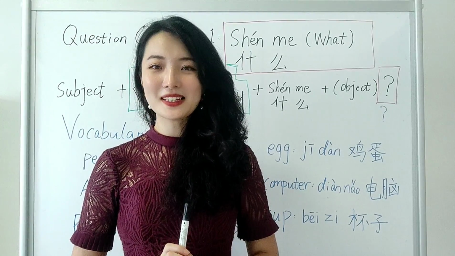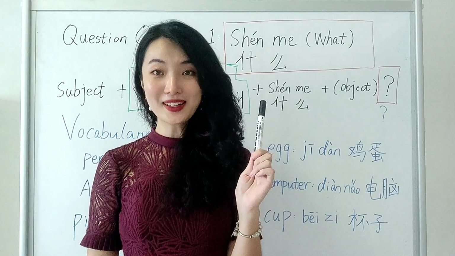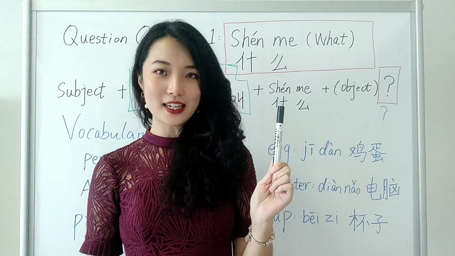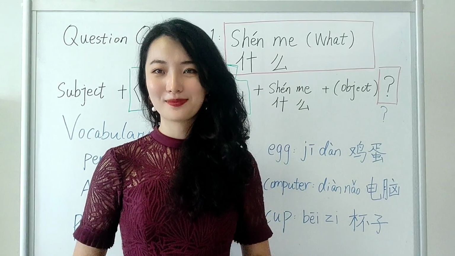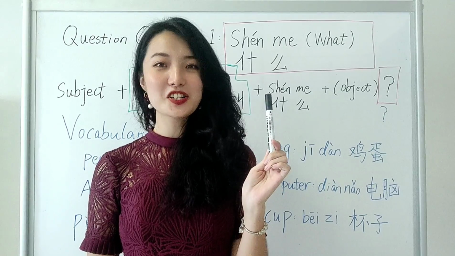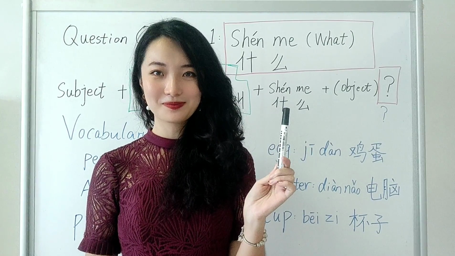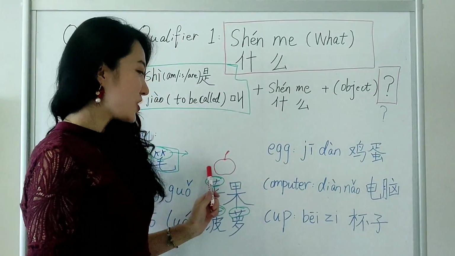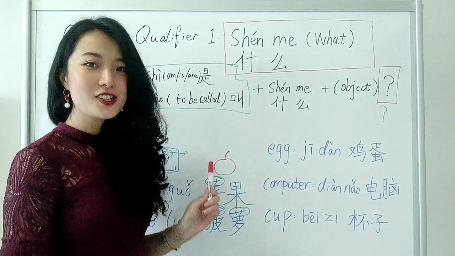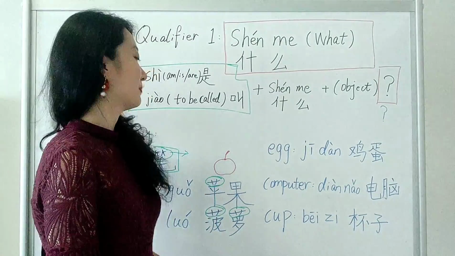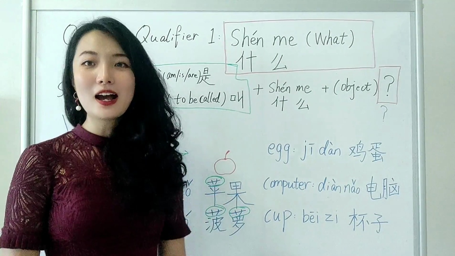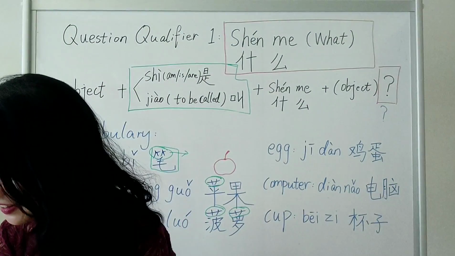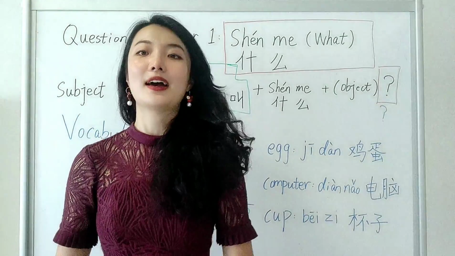Okay, let's do some practices with the new vocabularies we have just learned. Okay, let's start with some listening practices. First one, 这是什么？这是笔。One more time. 这是什么？这是笔。Next one. 这是什么？这是苹果。这是什么？这是苹果。Okay, we have learned pen and apple.